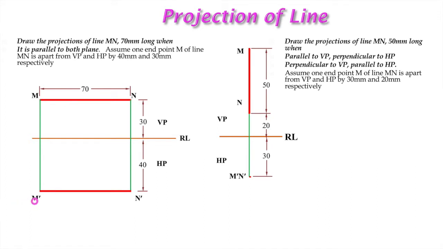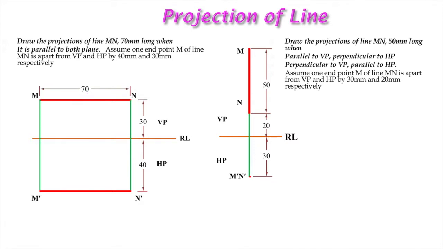It must be MN, but you may use a dash, say M dash N dash. So M dash N dash indicates that it is another view of MN. But if it were written AB, it would indicate a separate line, different from MN. Okay, so this is one combination.